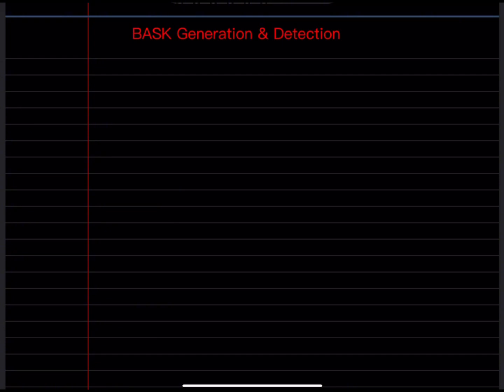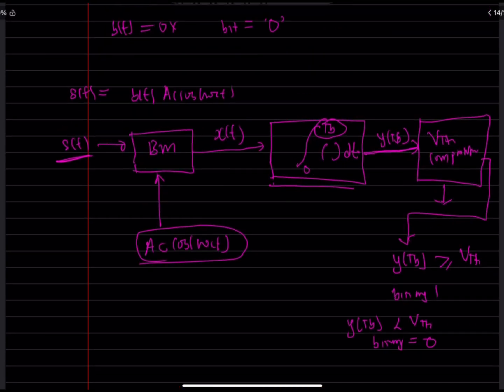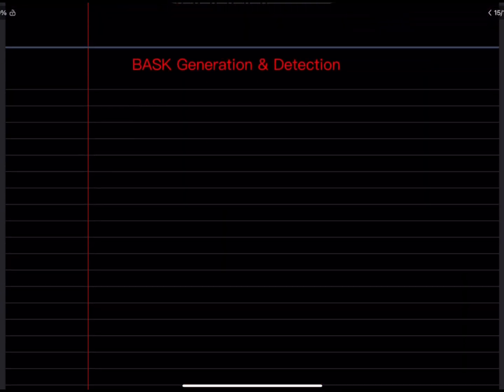The asynchronous ASK detection is made up of, let's say, a rectifier, a half-wave rectifier. Here the rectifier represents the balance modulator. It serves as a rectifier in such a way that it cuts off all the negative parts, leaving the positive ones, so we can say it's a half-wave rectifier.